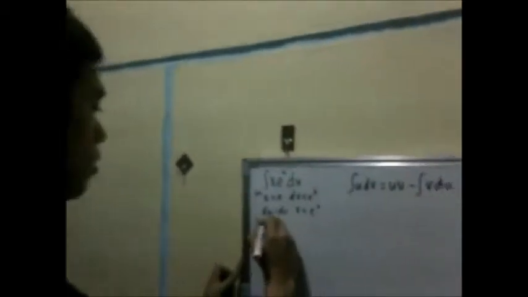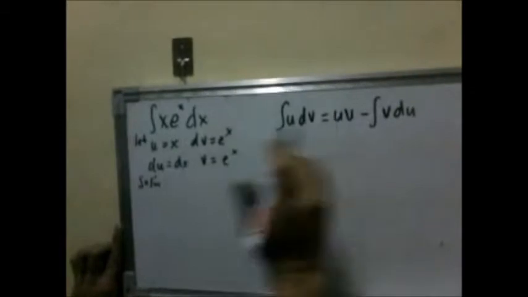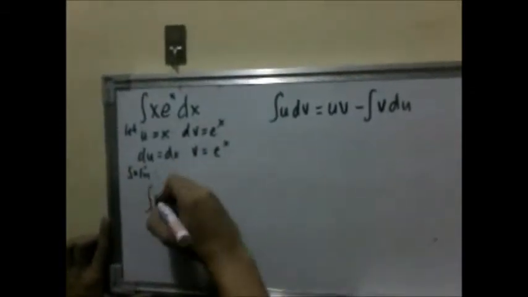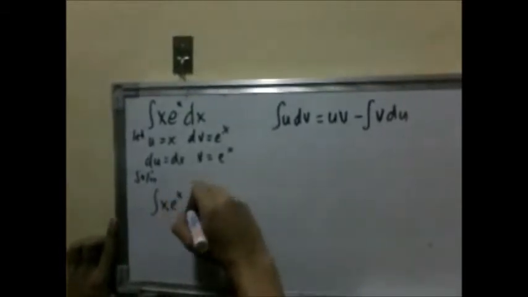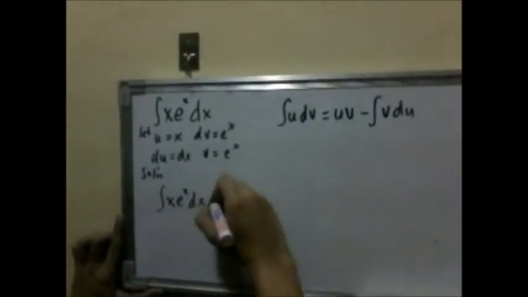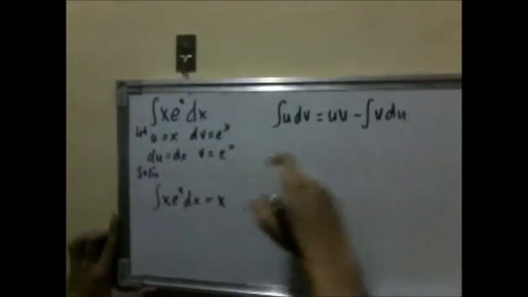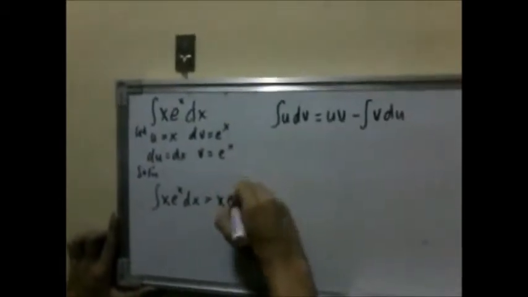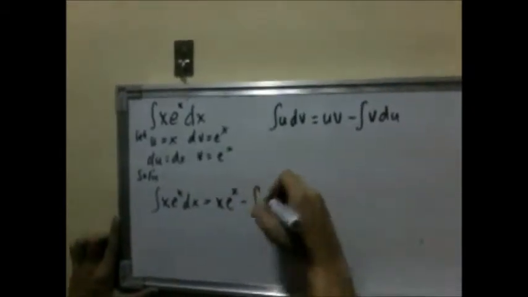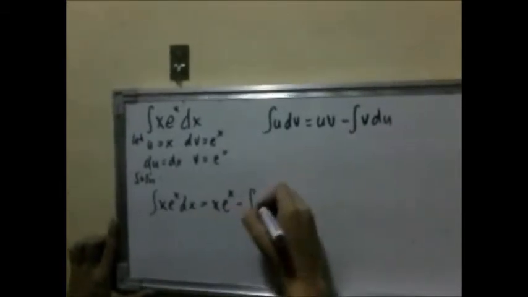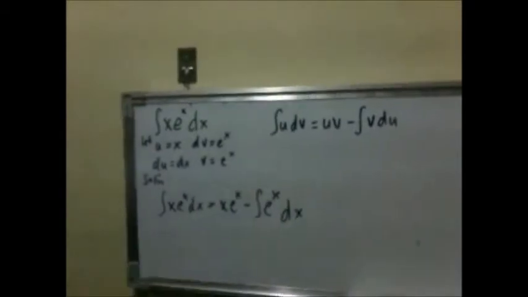So the integral of x e raised to x dx equals our u, which is x, times v, e raised to x, minus the integral of v du.